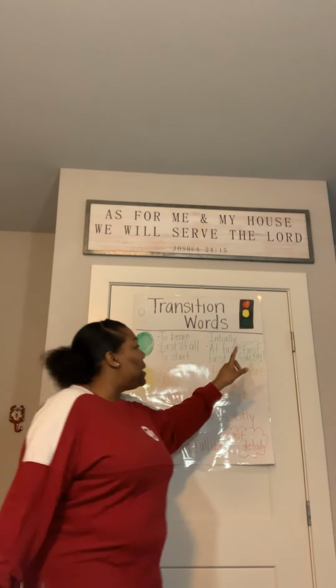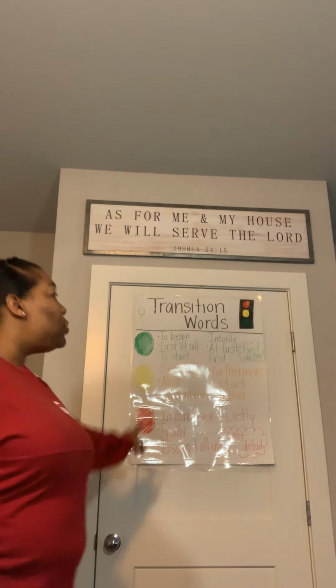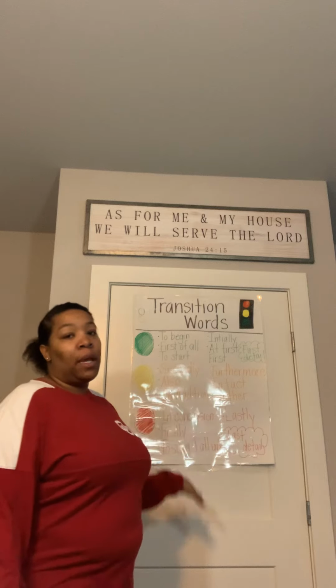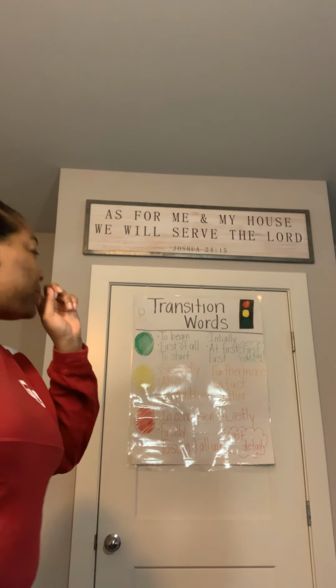Green is what you use in like the first sentence. So if we were making a cake and we're using a recipe, we would use green, yellow, and red. But today we're just going to use yellow and red.